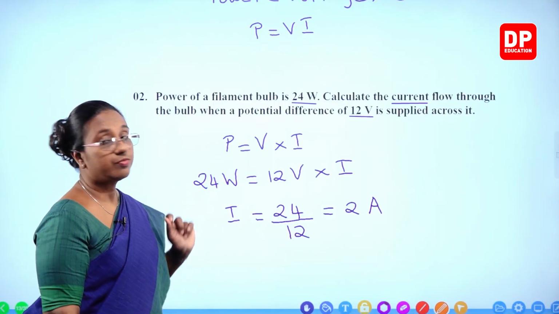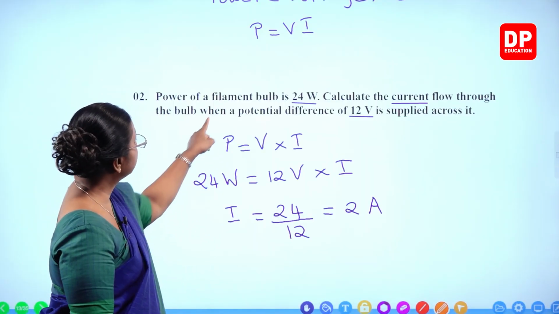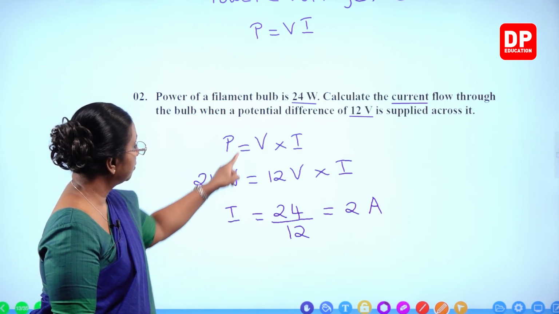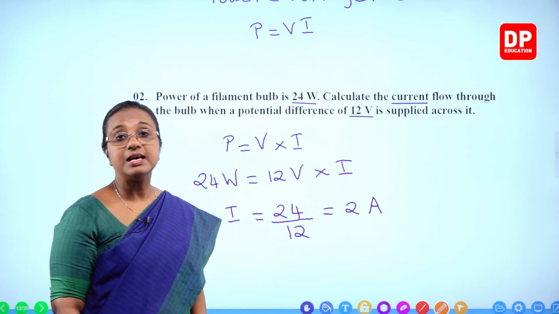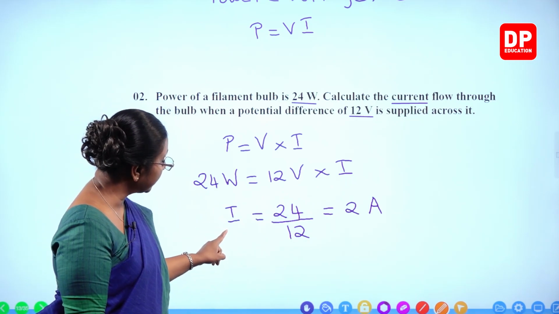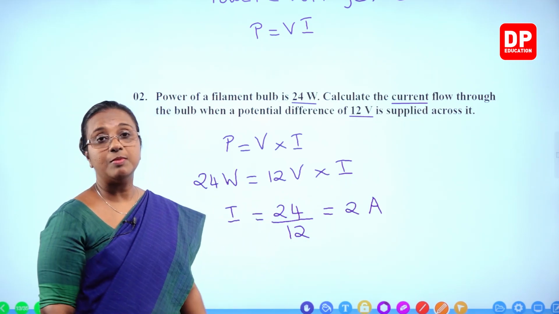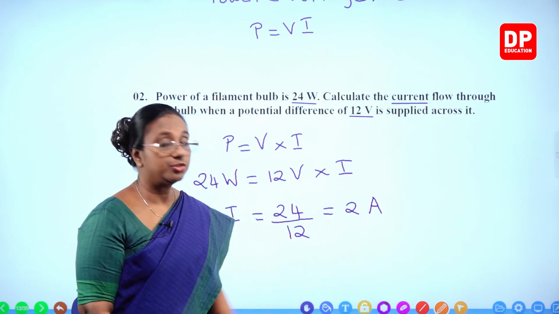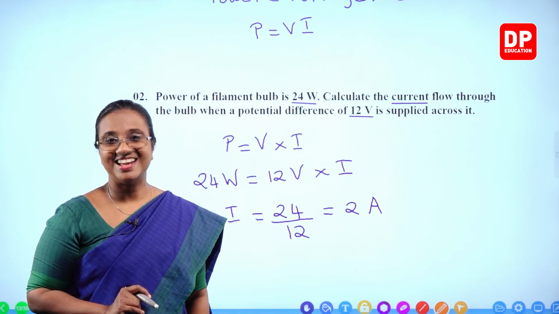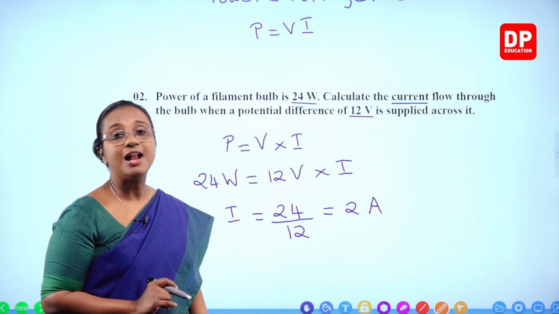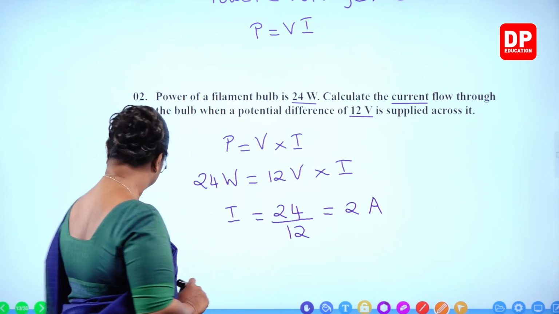So, power equals voltage into current. Power is given to you as 24 watts. Voltage is given as 12 volts. And then current I. When you rearrange, I is equal to 24 divided by 12. That is equal to 2 amperes. I am sure you can understand that. So, with that, I'll move on to the next question.